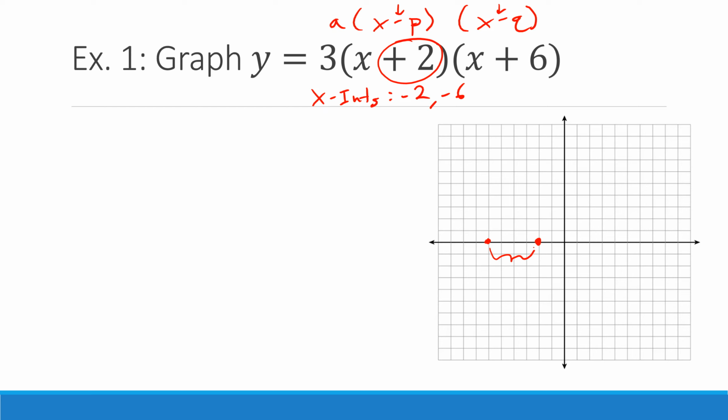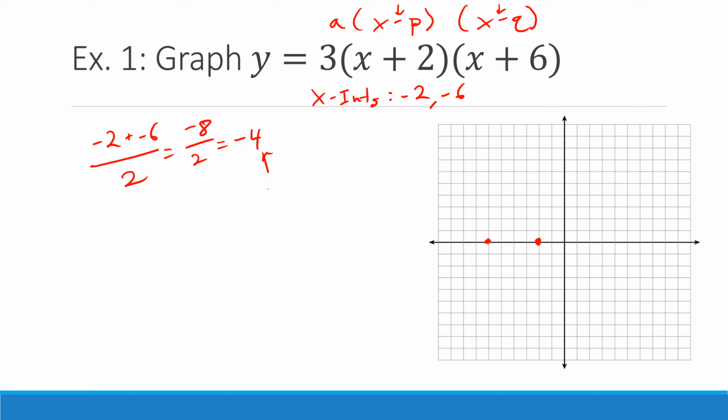So if I take the average of these 2 points, that will give me the x-coordinate of the vertex because of symmetry. So let's take an average of the 2 points. If I average -2 and -6, I add them up, I divide by 2, that would give me -8 over 2, which is -4. And if you notice, -4 is directly in between -2 and -6.